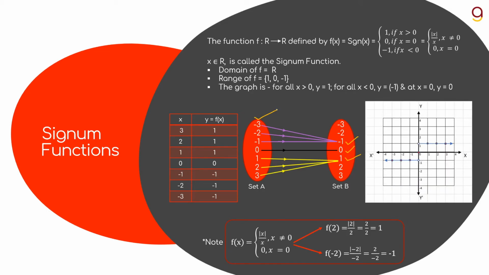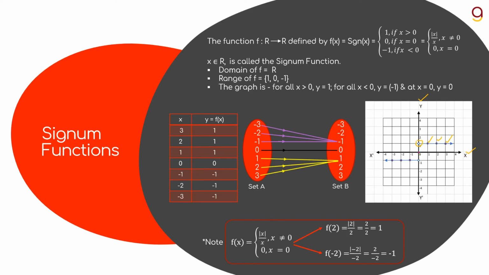Now let's see the graph for the same. In this graph, here we have the x-axis and here we have the y-axis. Now for x is equal to 1, y is equal to 1. For x is equal to 2, again y is equal to 1. For x is equal to 3, again y is equal to 1. So we get a straight line. But here this remains vacant, void.